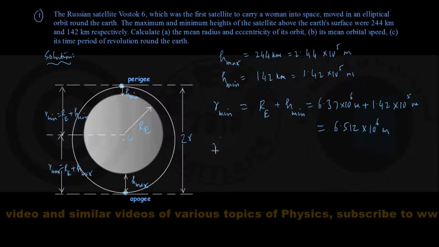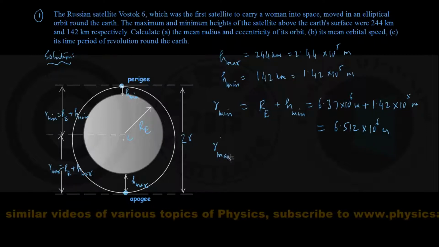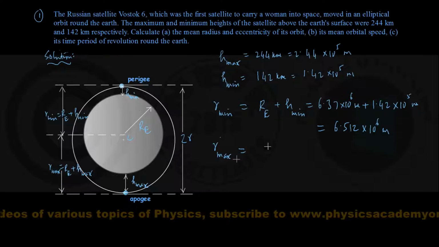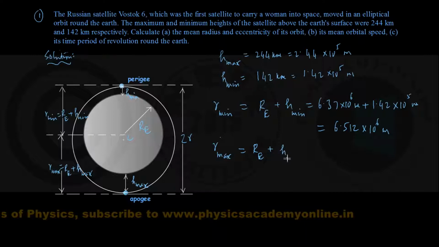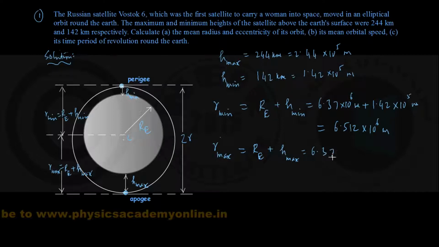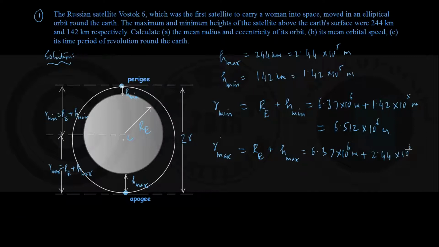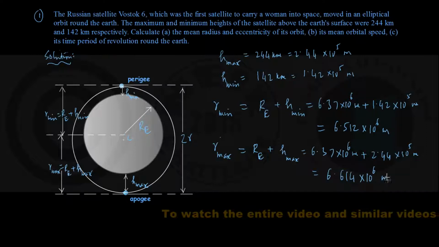Similarly, the maximum distance of the satellite from the Earth's center at the apogee position is the radius of Earth RE plus H max. This is 6.37 times 10 to the power 6 meters plus the value of H max, that was 2.44 times 10 to the power 5 meters, and this is coming out to be 6.614 times 10 to the power 6 meters in 4 significant figures.